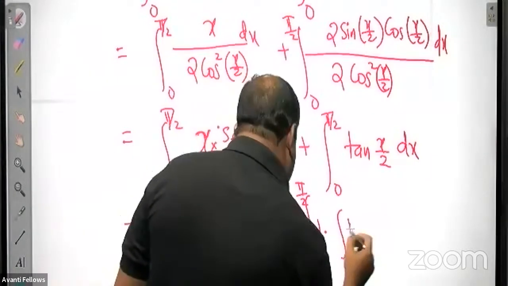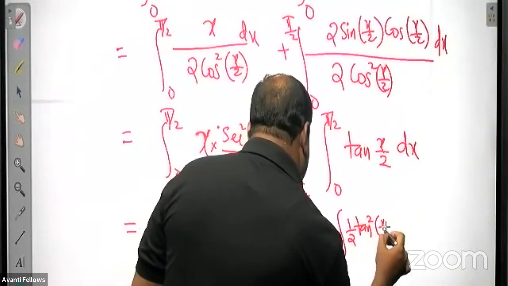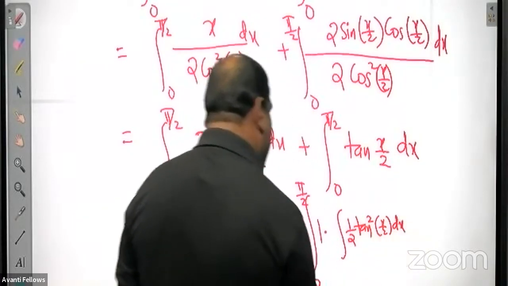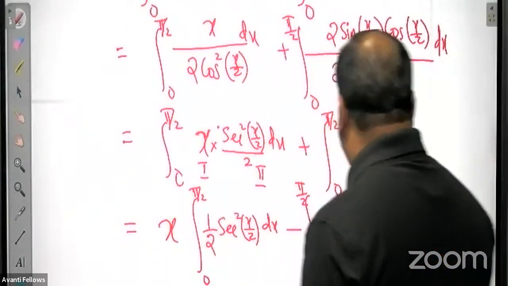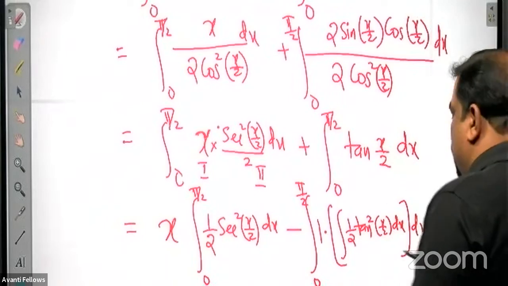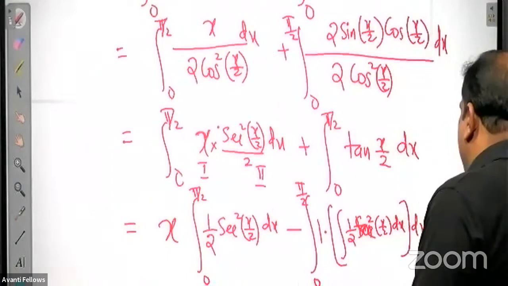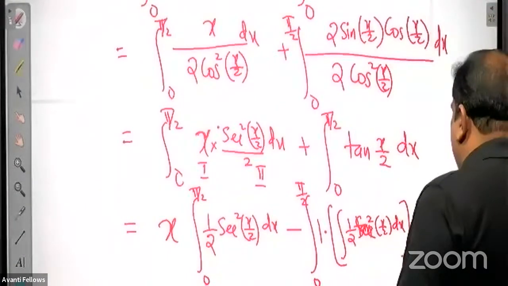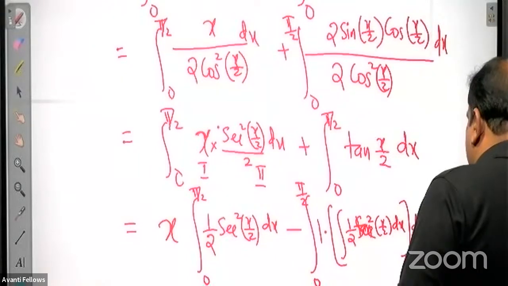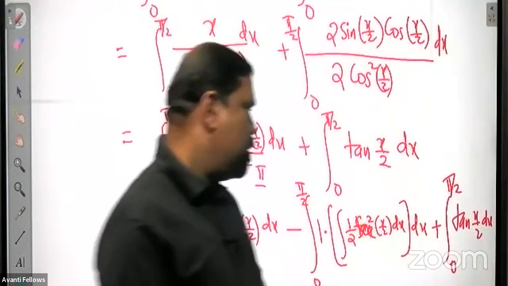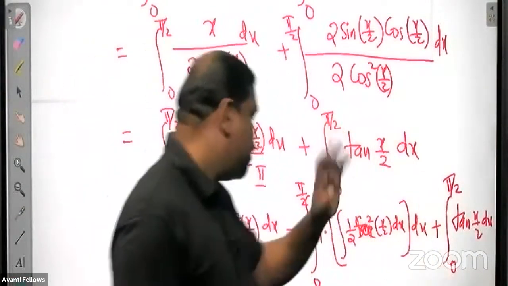Derivative of x is 1, into integral of half sec square x by 2. And the last integral, no change, 0 to pi by 2 tan x by 2, we keep as it is.